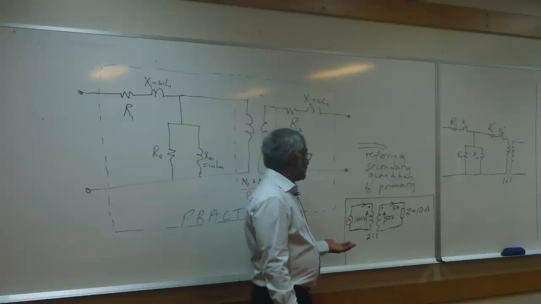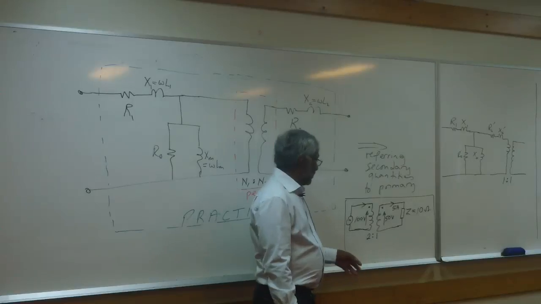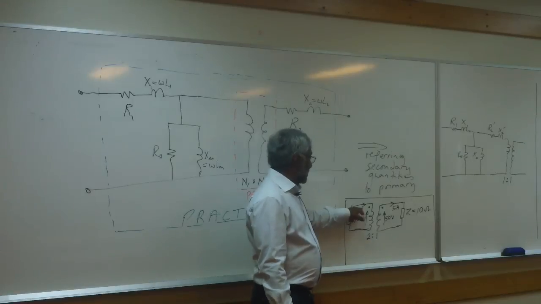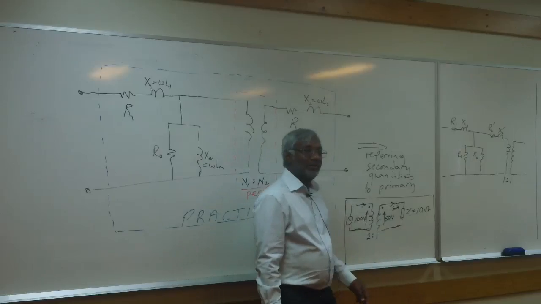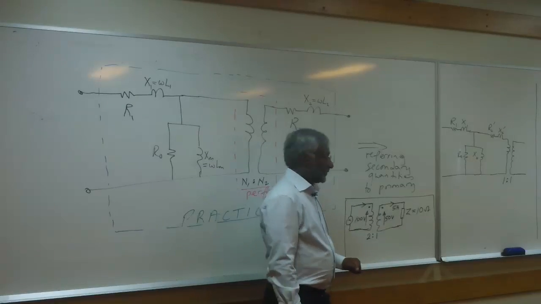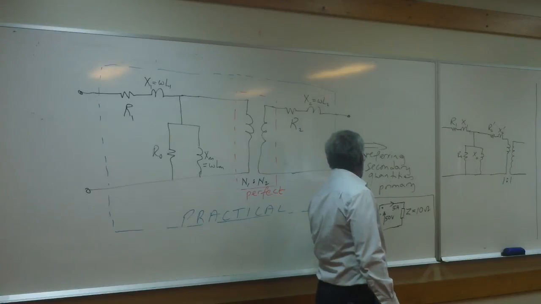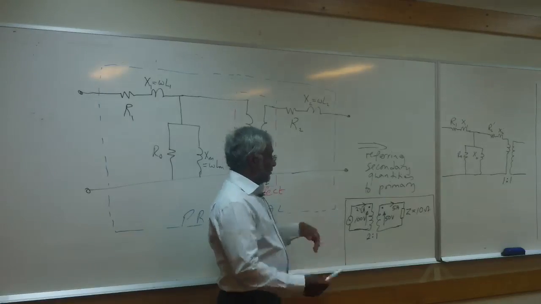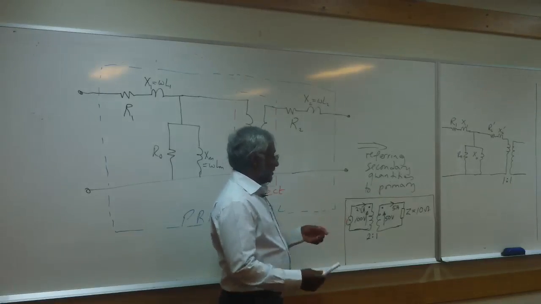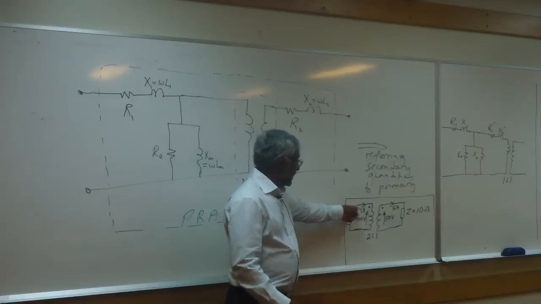Obviously, it's not 10, because if it was, then this transformer would not be perfect, because you would be putting in 1,000 volt amp, and you're getting only 250. So it is definitely 2.5, and it has to be if we are to satisfy the equations for a transformer. In other words, V1 on V2 equals N1 on N2, and I1 N1 equals I2 N2. If you look at those two equations, then it has to be 2.5.